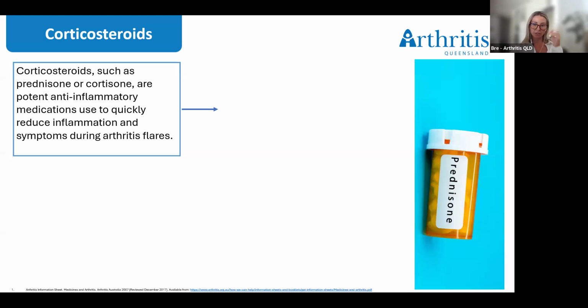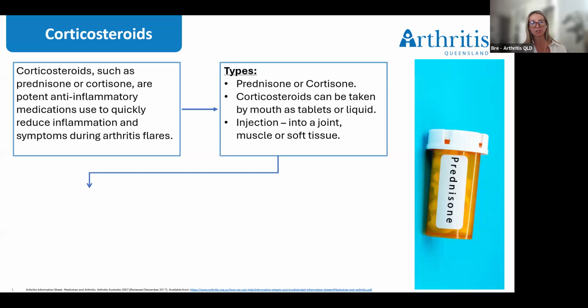They're often used to treat inflammatory forms of arthritis, but they can also be used to treat a single inflamed joint. As I've mentioned, the two different types are prednisone and cortisone. They can be taken by mouth as tablets or liquids, and they can also be given by injection into a joint, muscle, or soft tissue.